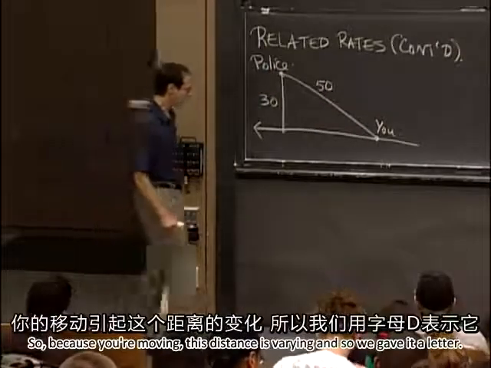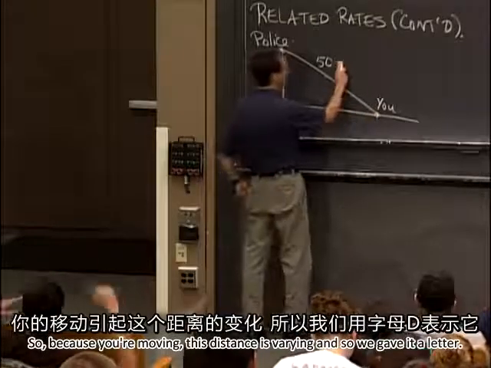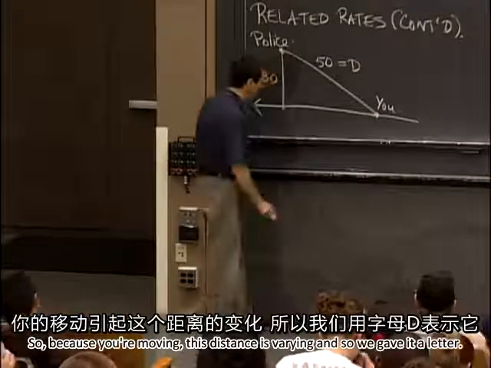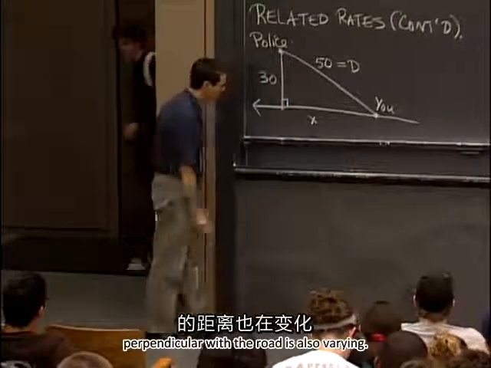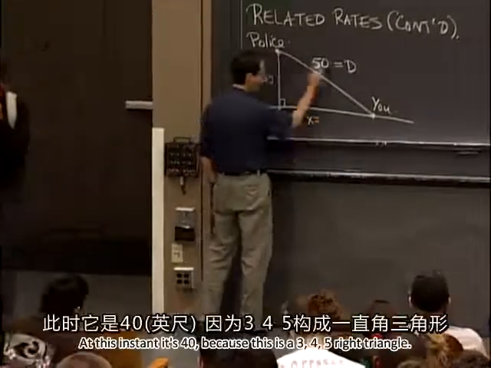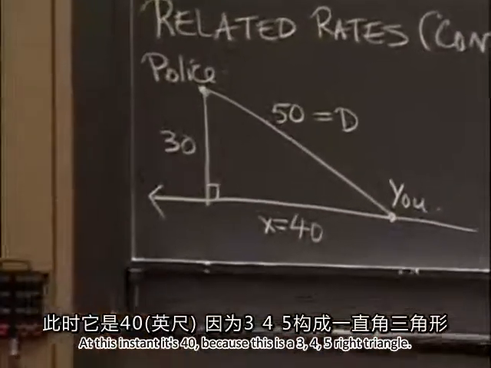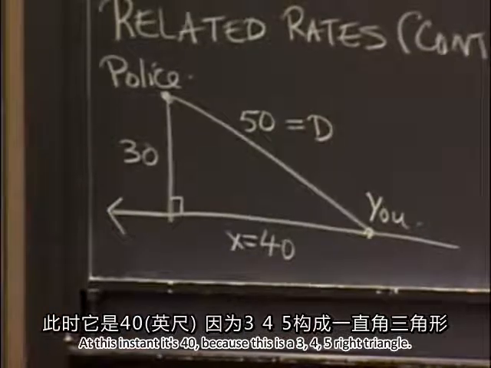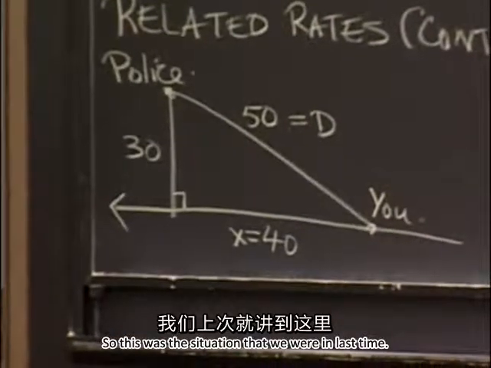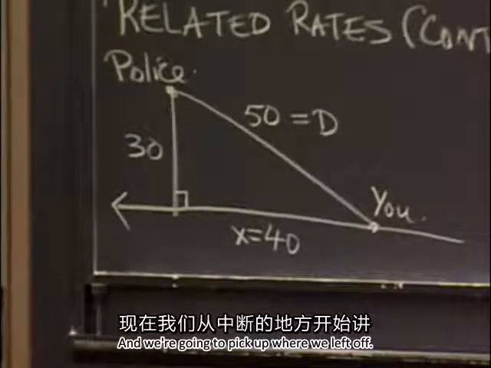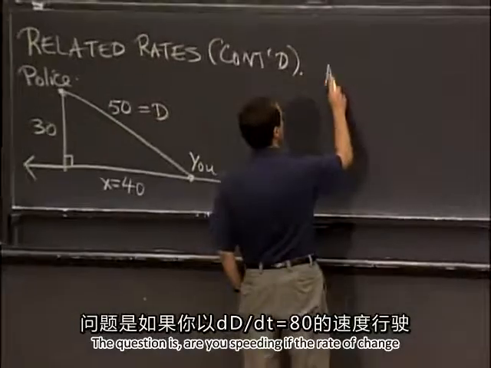So because you're moving, this distance is varying, and so we gave it a letter. And similarly, your distance to the foot of the perpendicular with the road is also varying. At this instant, it's 40 because this is a 3, 4, 5 right triangle. So this was the situation that we were in last time, and we're going to pick up where we left off. The question is, are you speeding?